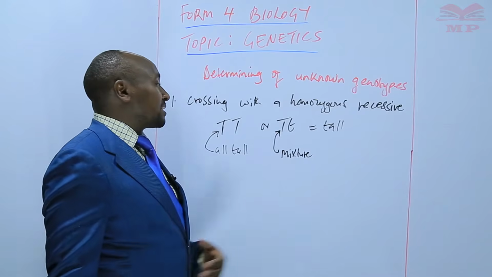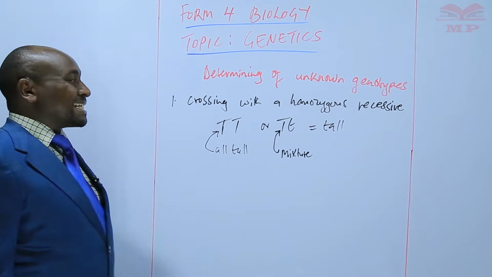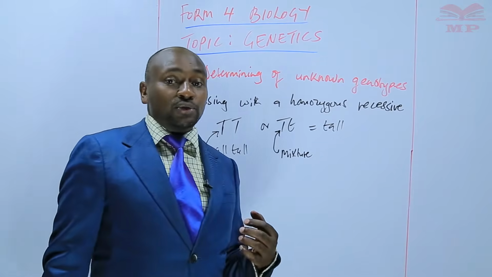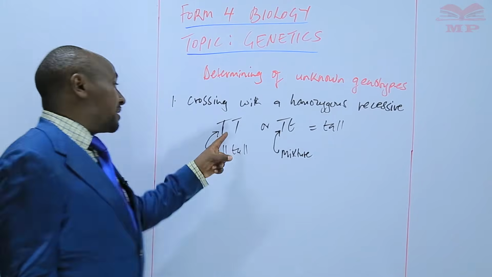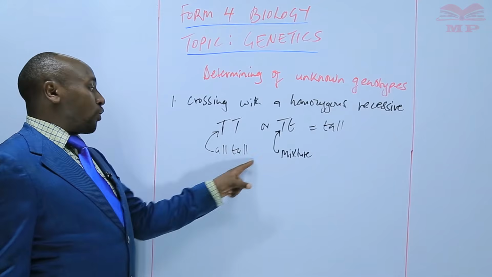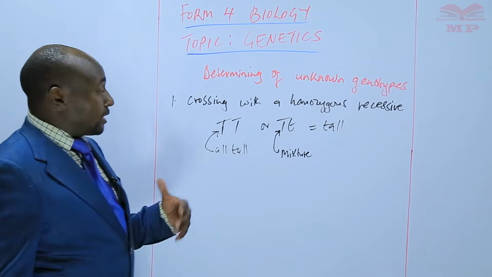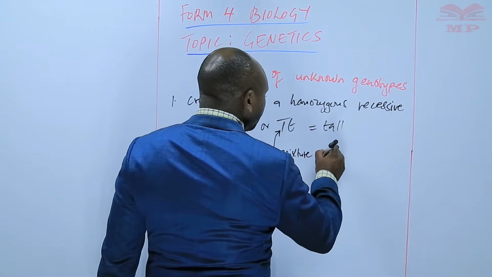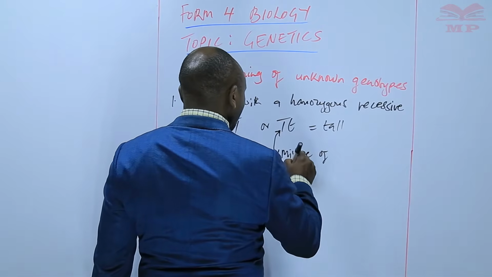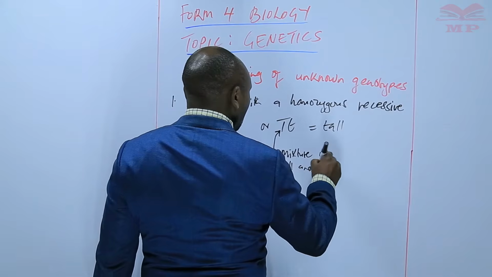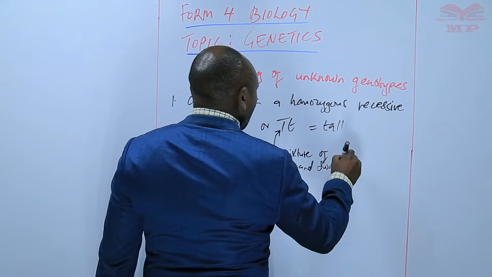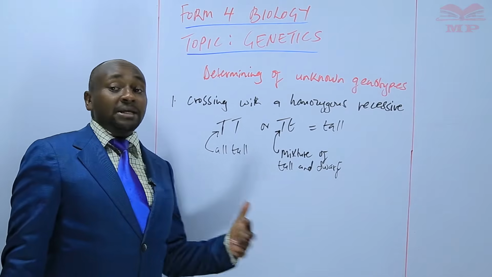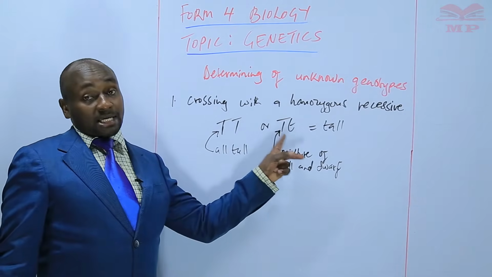So by crossing with a homozygous recessive plant, we can know that the genotype was either homozygous, if we get all tall plants, or if we get a mixture of tall and dwarf, then we know that the genotype that was appearing tall was heterozygous.